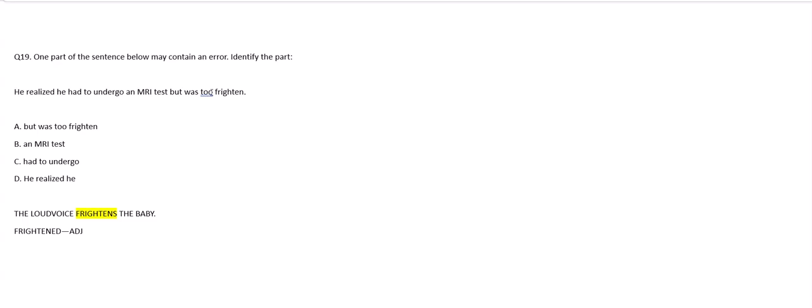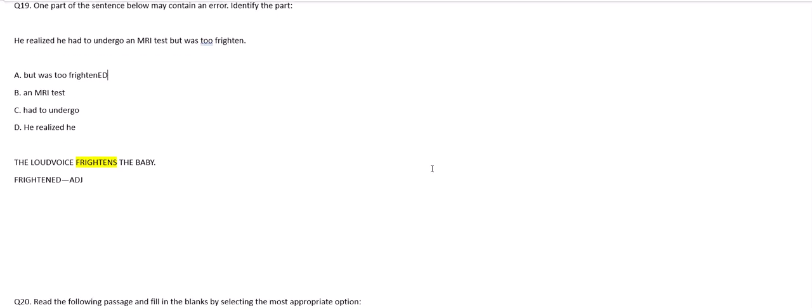Hence, the error is option A, and here it should be frightened. I think it's clear. Everyone understood? Make sure that if similar sentences come in future, you can identify the error easily. Okay, let's move on to the next question.